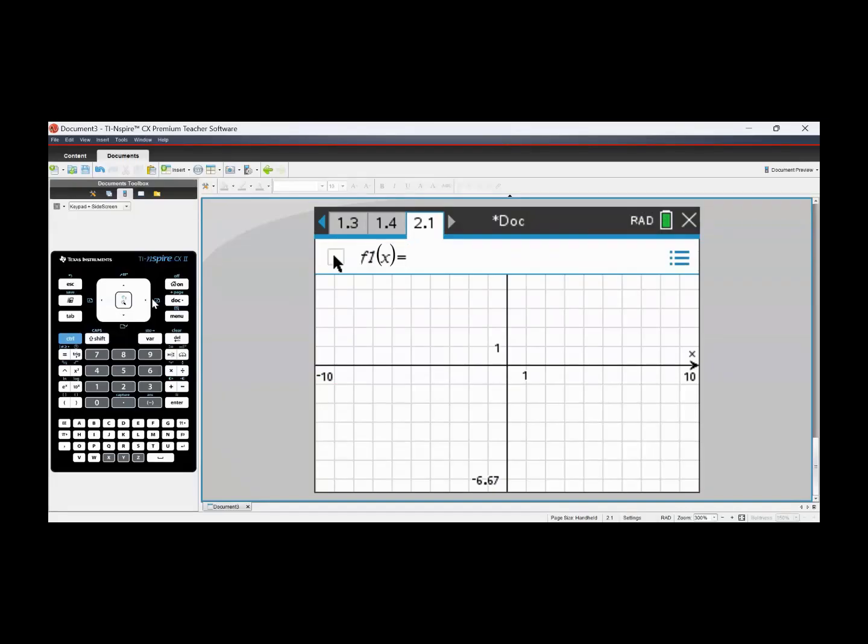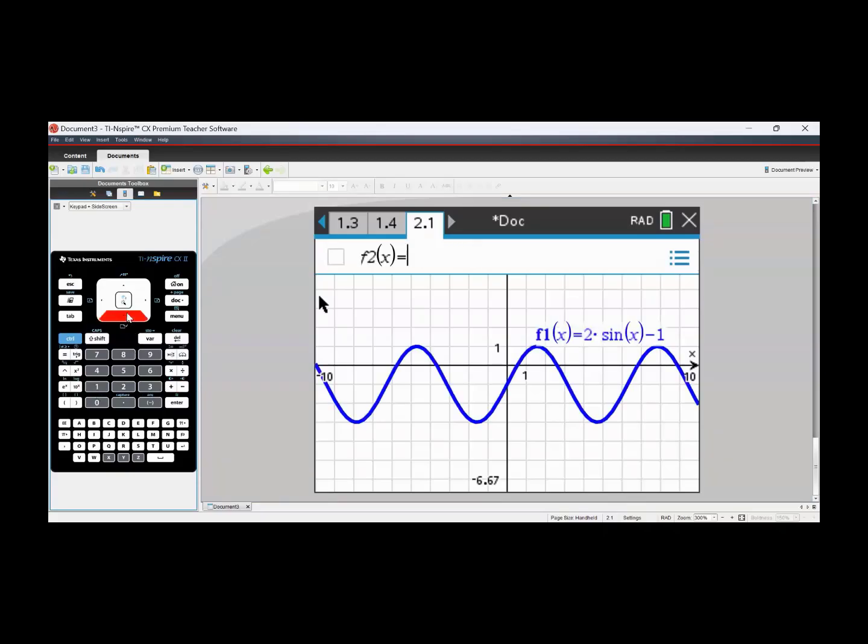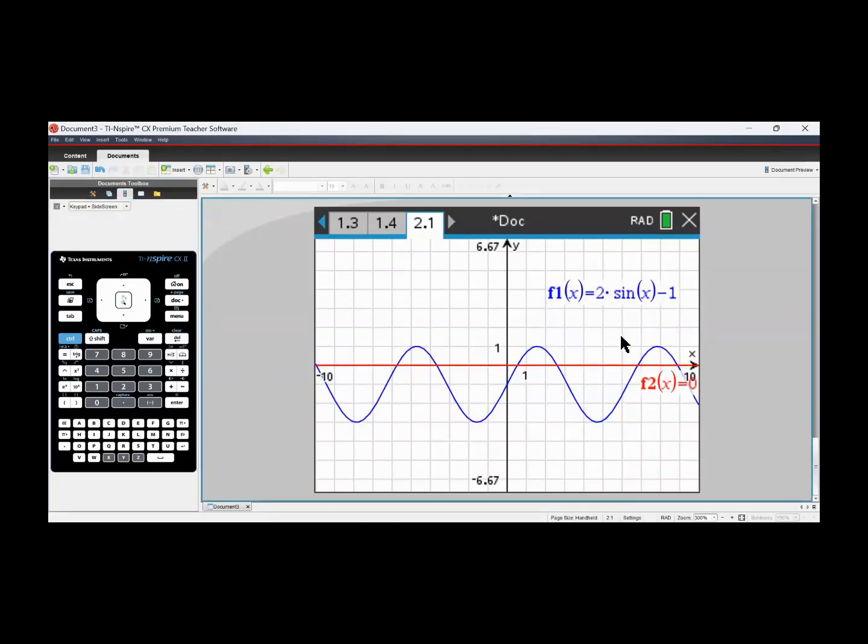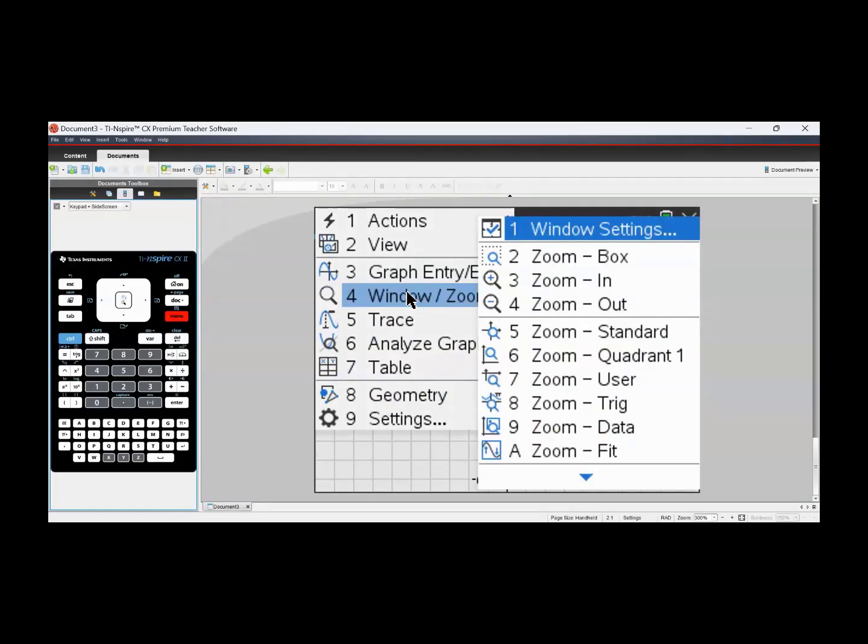In f1 of x, we said we were going to put 2, go to trig to find the sine. It opens parentheses, x. Don't forget to close the parentheses before you subtract 1. Then we're going to arrow down, and we're going to put the right-hand side of the equation, which is 0, and we press enter. Now, the other thing we need to do is adjust this window. So we're going to go to Menu, Window Zoom, and let's just do Window Settings.